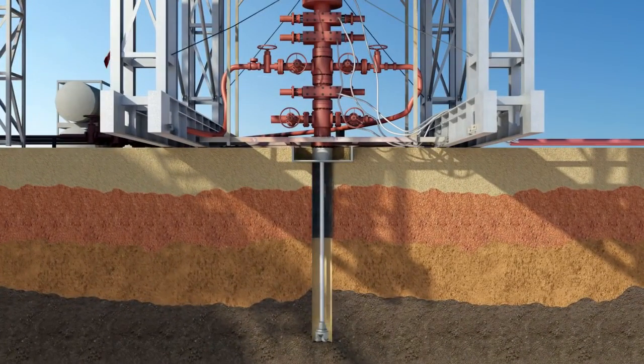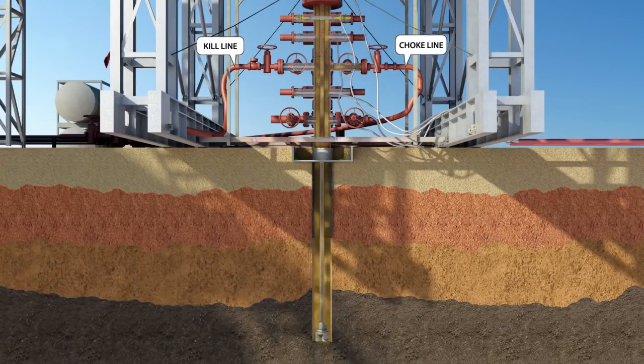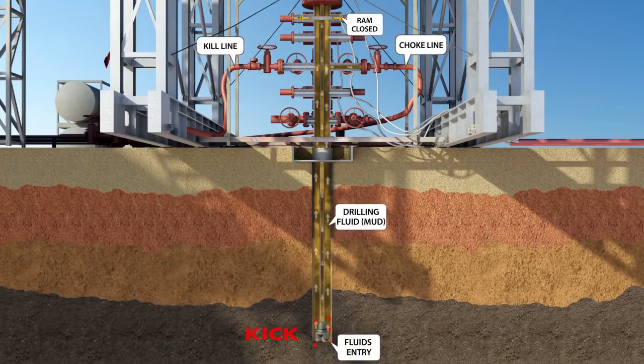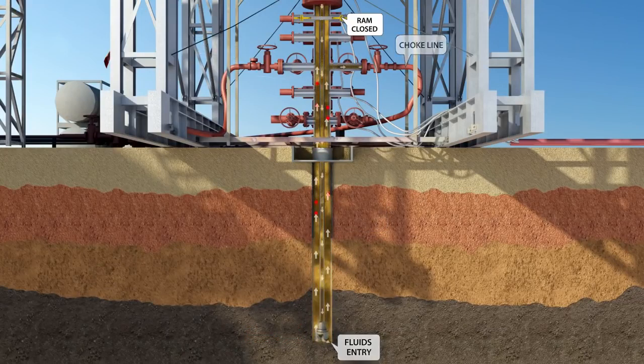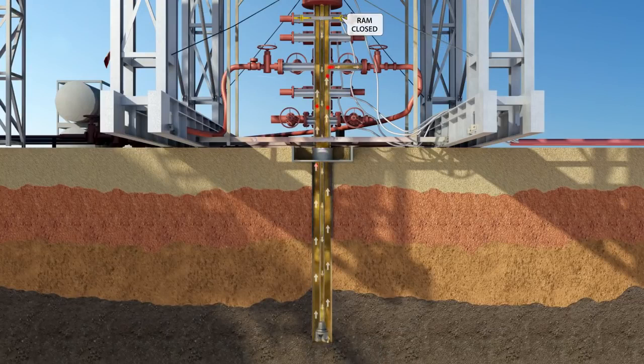The kick will be circulated out of the wellbore using the driller method first cycle by pumping drilling fluid downstream and getting returns from the annulus through the choke line to the choke manifold, and the poor boy degasser, and toxic gases will be flared. Once the kick is out, the well will be shut in.